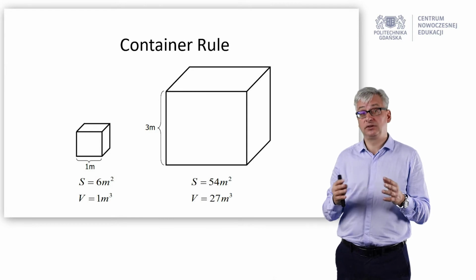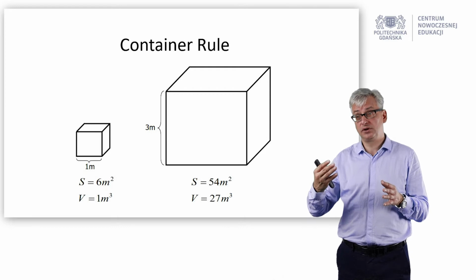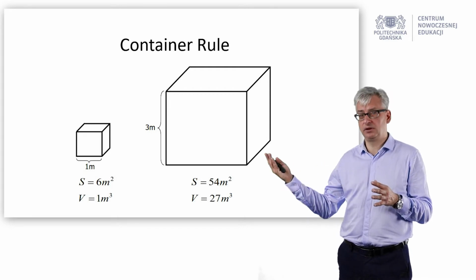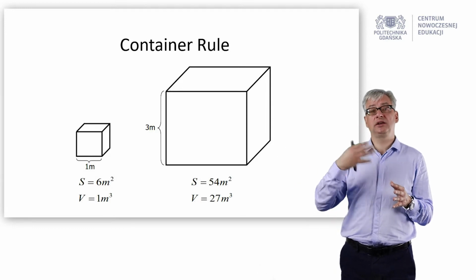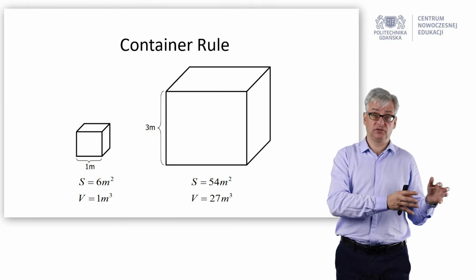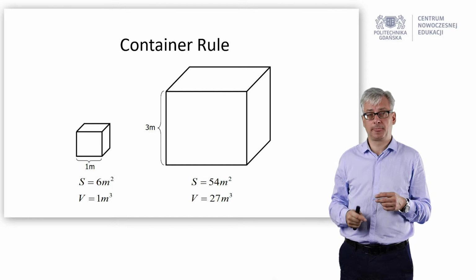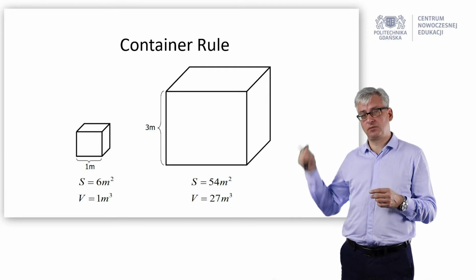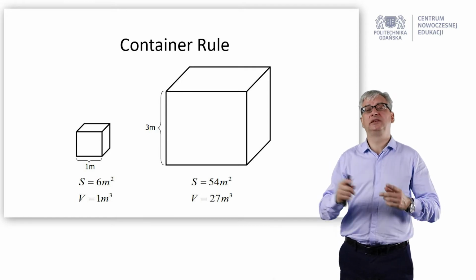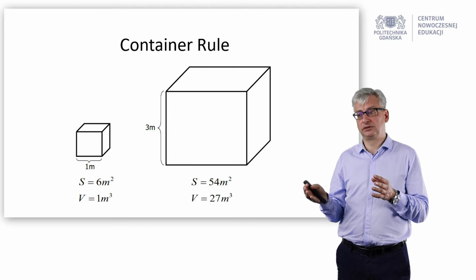You can clearly see that this is 9 times more than previously. So the cost of making this bigger container is 9 times bigger than for the small one. You could have 9 small ones for this one big. But if you look at the volume of this big container, it can hold as much as 27 cubic meters of your product.